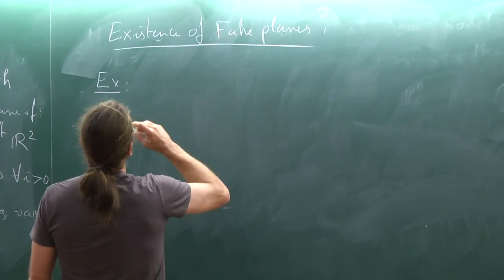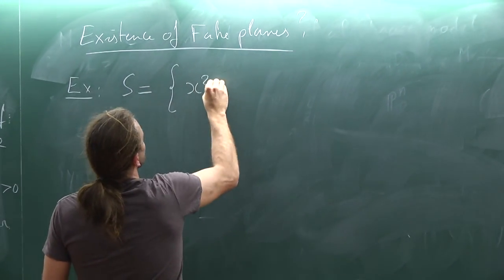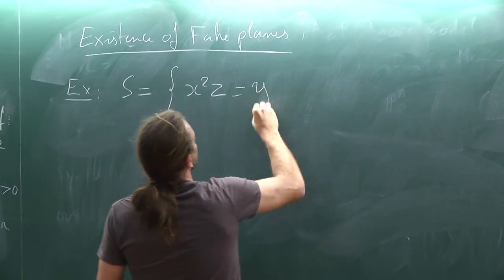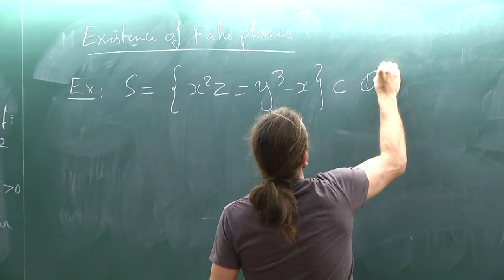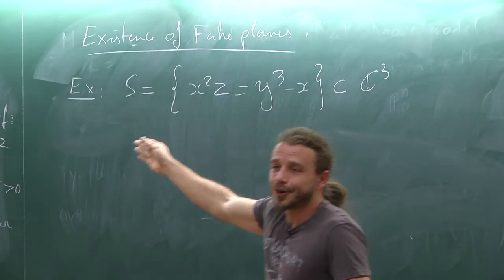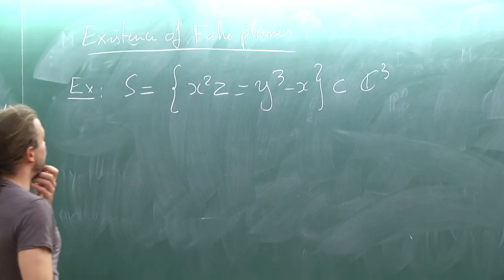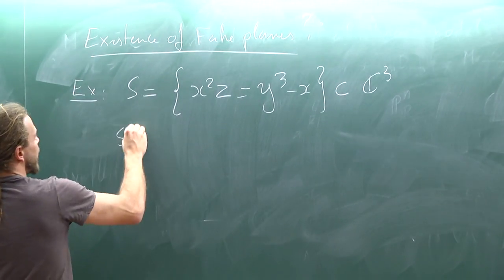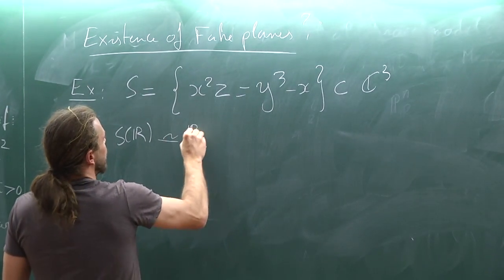So you take this innocent affine surface S defined by this equation. This is in C3. This is undoubtedly defined over R because it's defined over the natural numbers. And I claim that S(R) is R2.